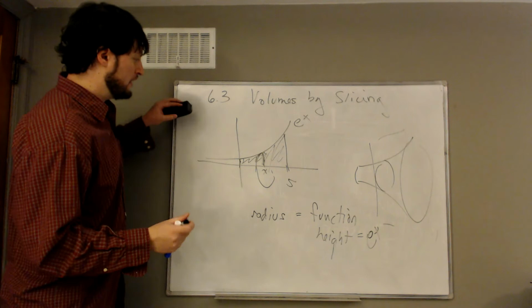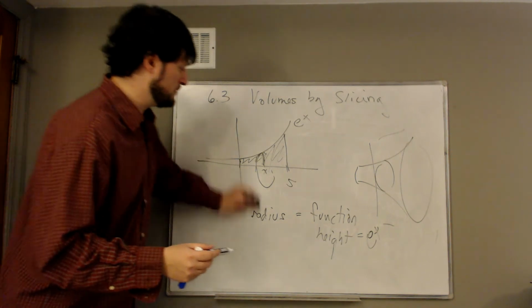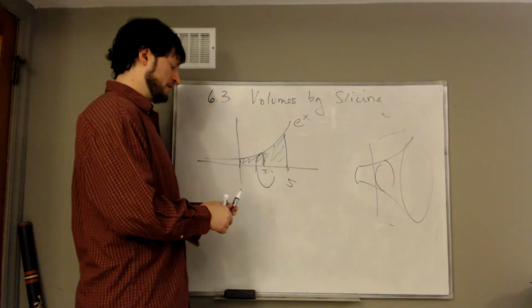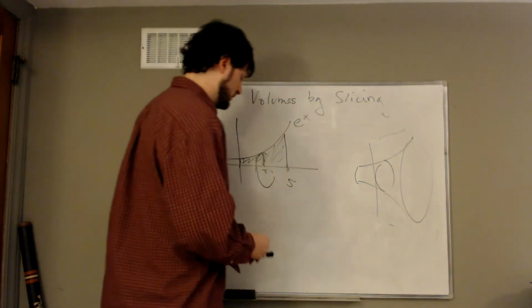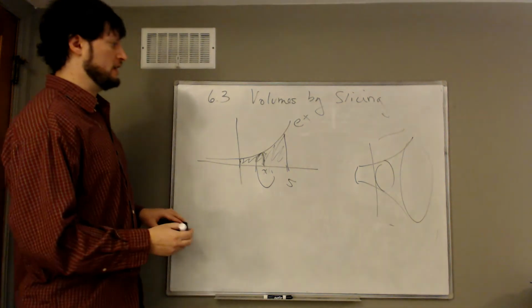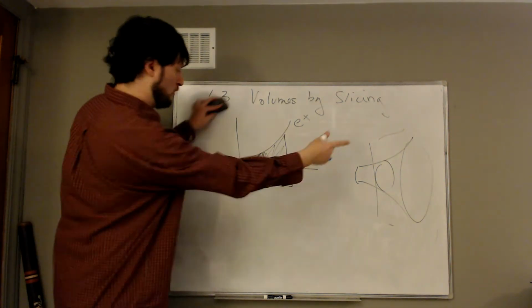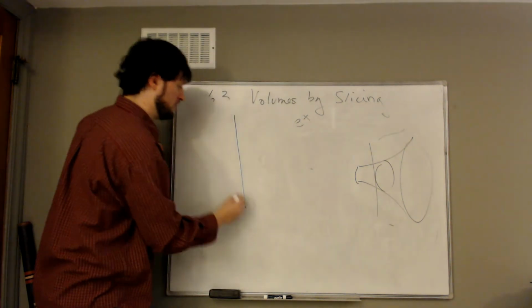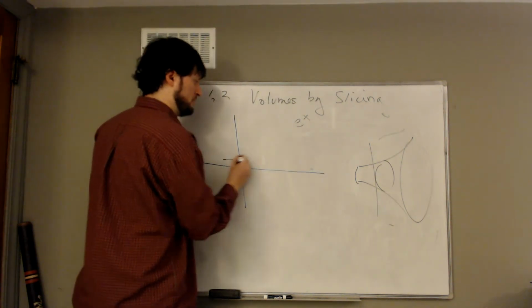So now our idea is to take our shape and slice it up into a bunch of different pieces. Instead of our whole shape, we're going to take pieces of it. Let's look at this again in a little bit more detail.